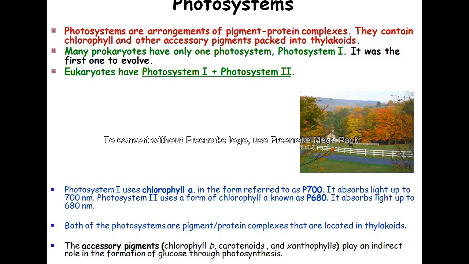So in photophosphorylation in the chloroplast of green plants, there is a series of electron transfers that is going to take place. So these photosystems, and some of the prokaryotes like cyanobacteria.